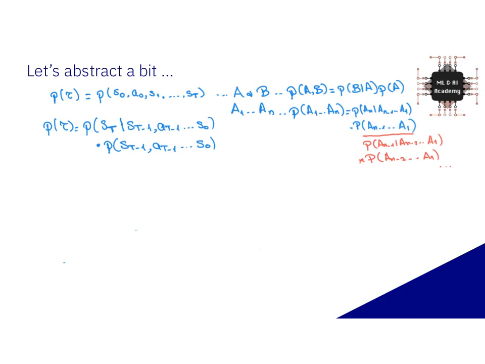Now we're going to use an assumption embedded in the name of a Markov decision process. The Markovian assumption says that the future only depends on the present, irrespective of the history. So what I really mean by that is that s_t itself only depends on the previous time step event, independent of the other history.